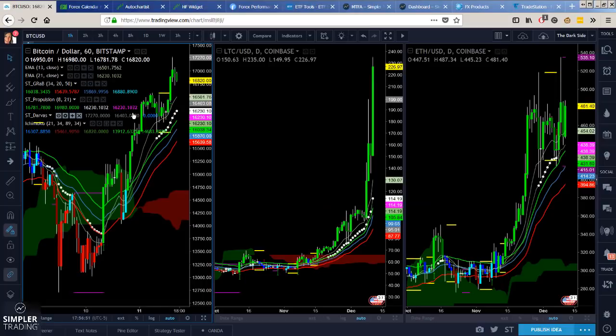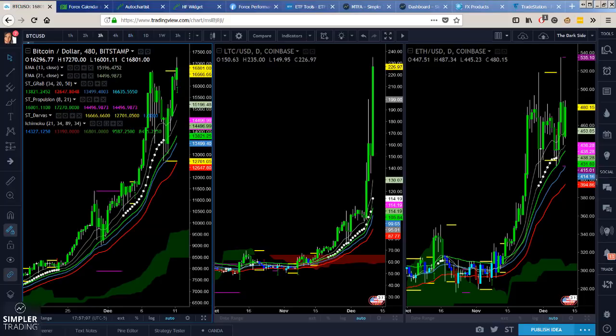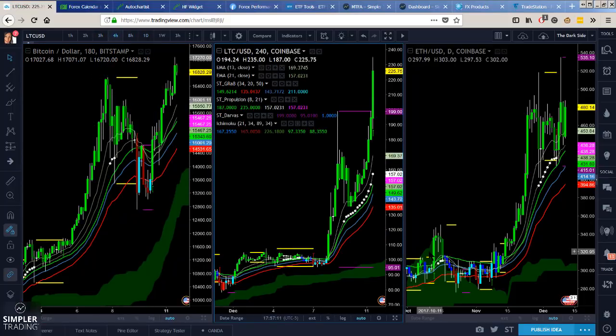Now, on the Bitcoin itself, if I'm going through my Gemini, if I'm going through my Coinbase, I'm actually buying the coins, not on margin, I'm going to be looking at the 8-hour, 4-hour, maybe the 3-hour time frames to understand what it is I want to do and when I can get involved.